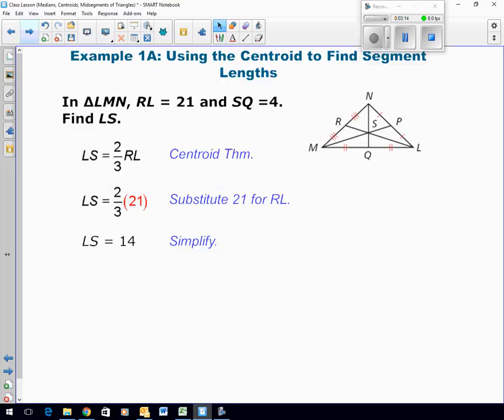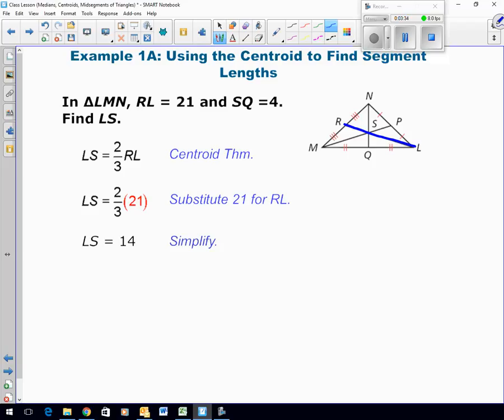Watch it in action here. This would be an example of what you might see on a test. In triangle LMN, let's see how we do this. R to L is 21.